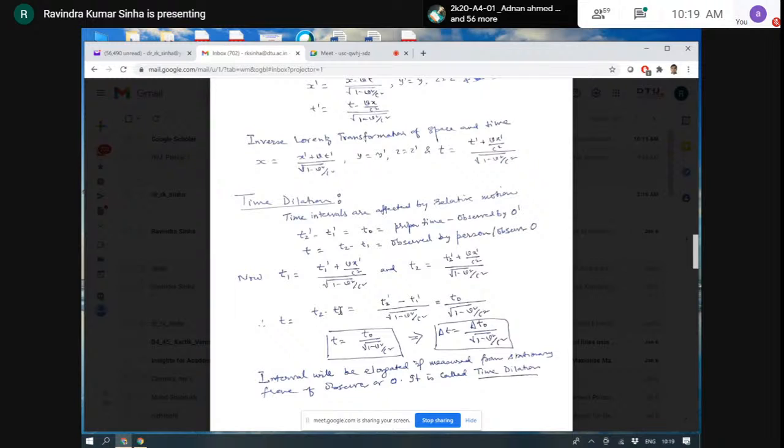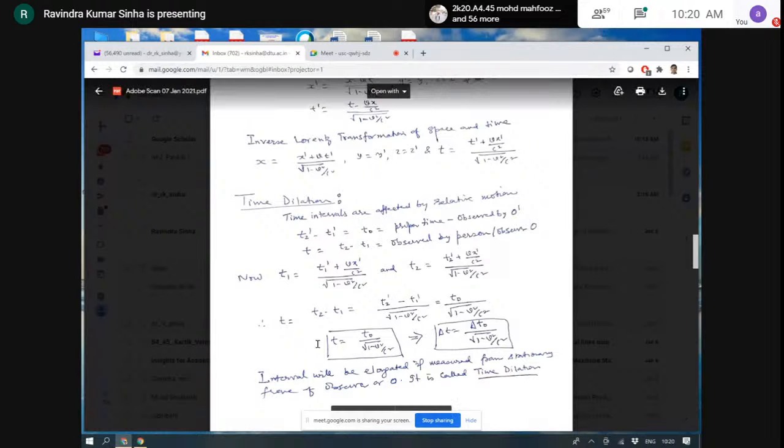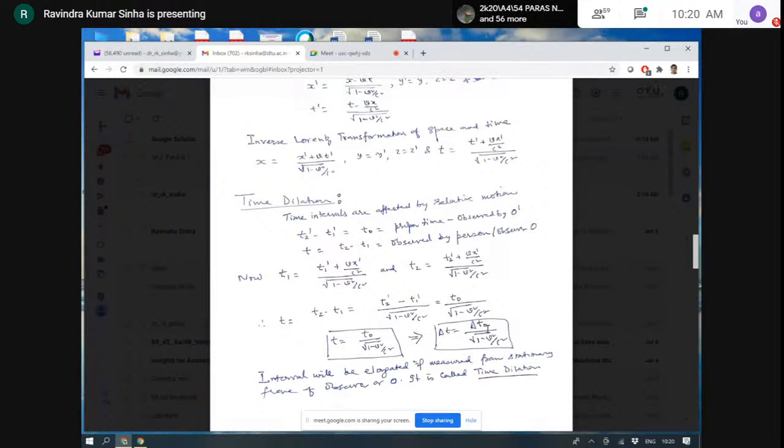So T2 minus T1 will be T2 dash minus T1 dash divided by the square root of 1 minus V square by C square. And this is the proper time, that event measured in the same frame of reference, taking T0. So this is the formula. So what is happening? A person who is observing that interval from a stationary frame of reference finds the time is elongated. Okay, you can also write this, because it is an interval, as delta t is equal to delta t0 divided by the square root of 1 minus v square by c square.